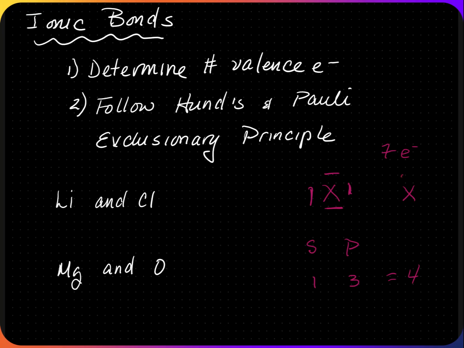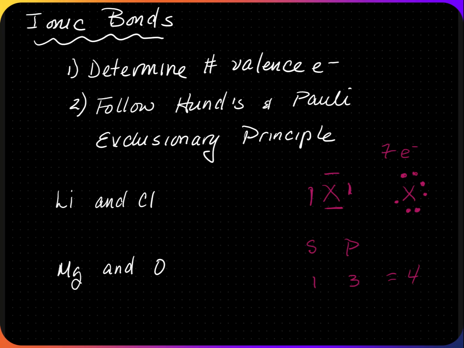If X has 7 valence electrons, we pick a starting point, and it doesn't matter which place we start. If I start up here, I put 1 electron following Hund's rule, and I could go clockwise or counterclockwise. I just need to go in the same order. According to Hund's rule, there's 1 electron per orbital before pairing. So I'm going to do 2, 3, 4, and then I'm going to use Pauli's principle and pair in the opposite direction: 5, 6, 7.